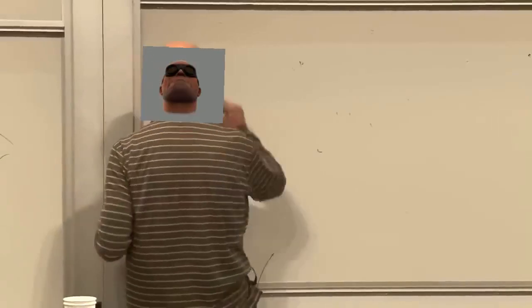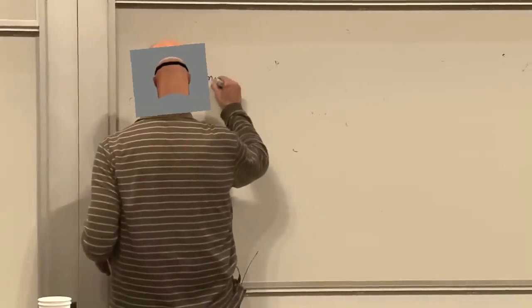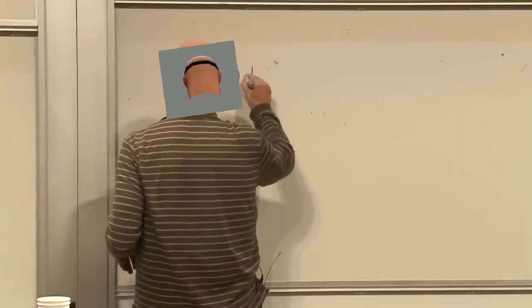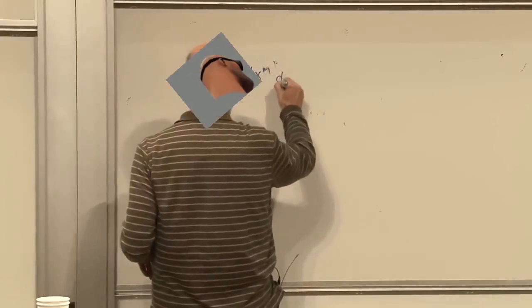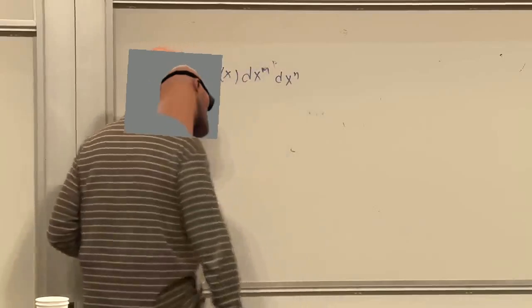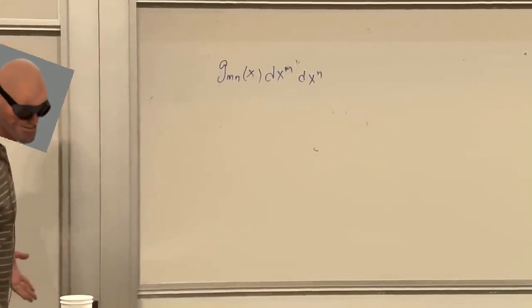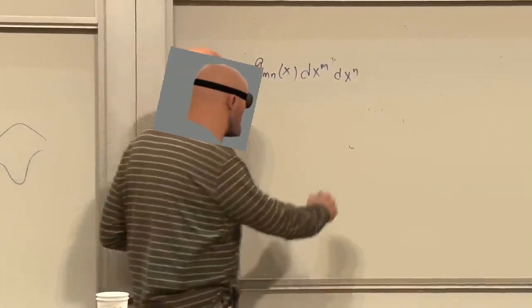All right, so the length of the little dx vector, here it is, again, the squared length is g_mn(x) dx^m dx^n. But now let's go to the y coordinates, the primed coordinates.